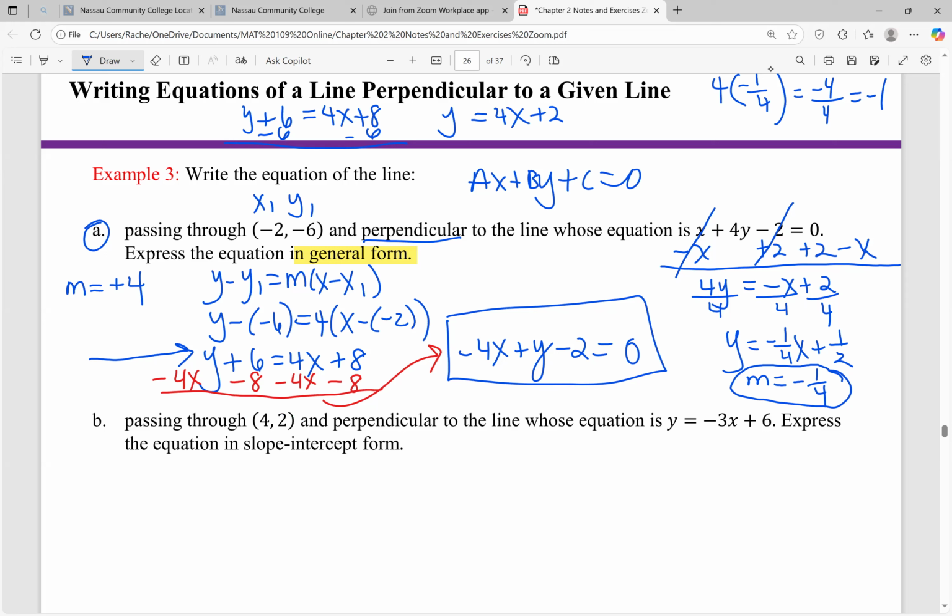And we already know the slope of this line is negative 3. So take the negative reciprocal. This is like negative 3/1. The negative reciprocal of negative 3/1 is going to be positive 1/3.